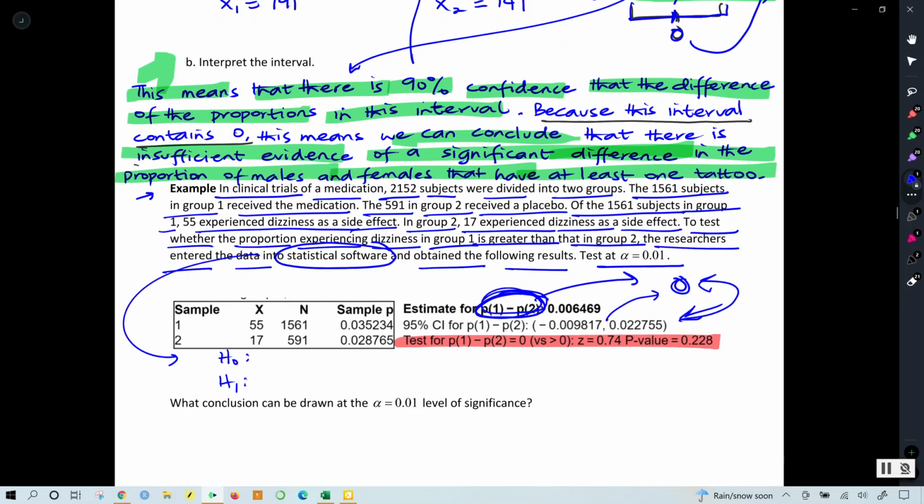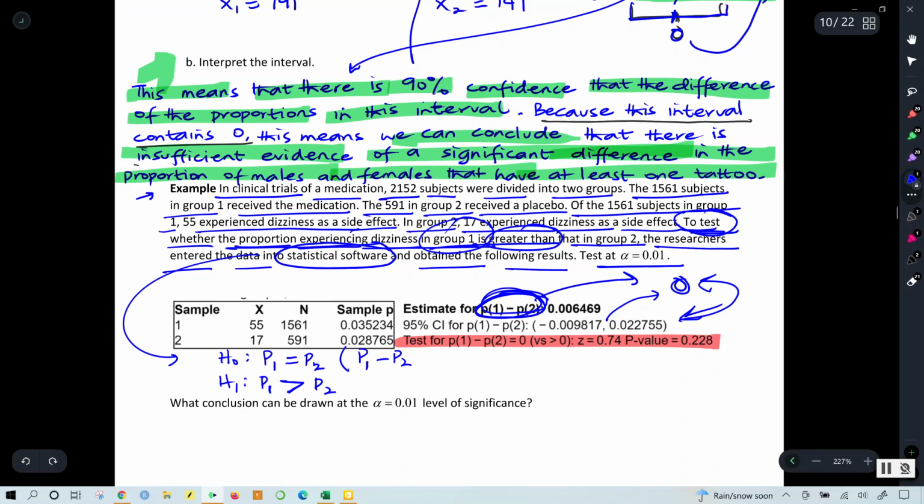Then another thing to notice, in this case, our null hypothesis and our alternative hypothesis would have been set as follows. If we want to test whether the proportion experiencing dizziness in group 1, represented by proportion 1, is greater than that in group 2, it means the null hypothesis is P1 equals P2, which is the same thing as saying P1 minus P2 equals 0. So in this case, if you observe the p-value to be 0.228, this is to be compared with alpha.